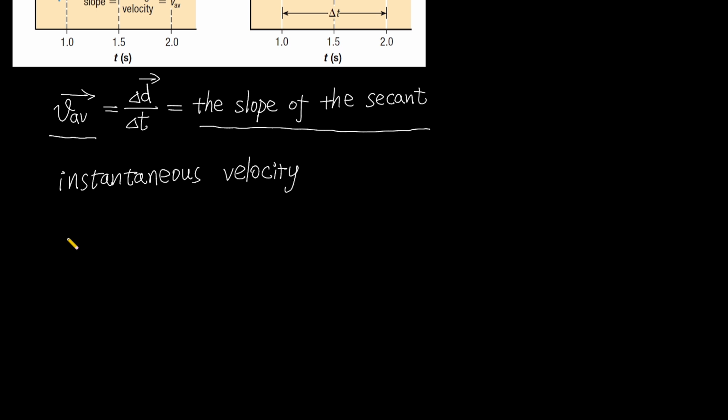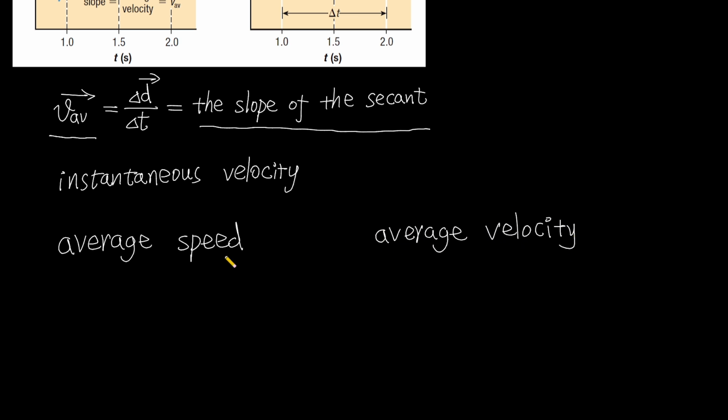And we know that average speed and average velocity are related. Average speed is a scalar, and it only has magnitude. Average speed cannot be less than 0.